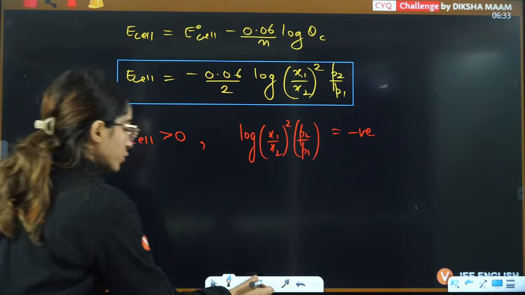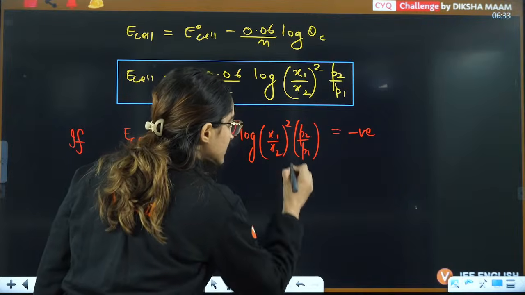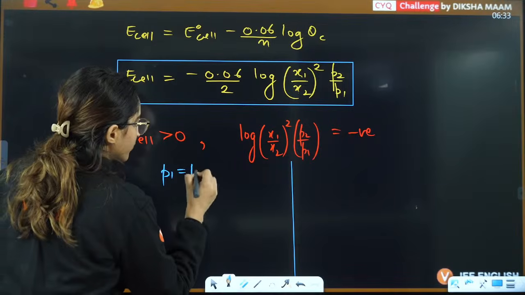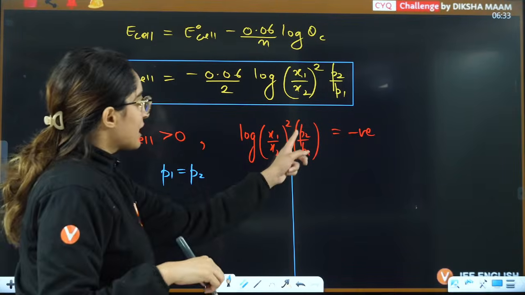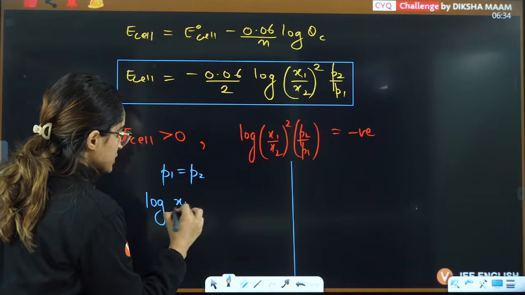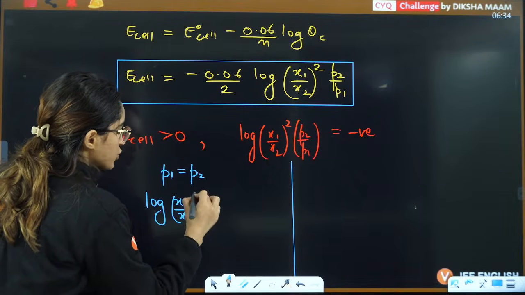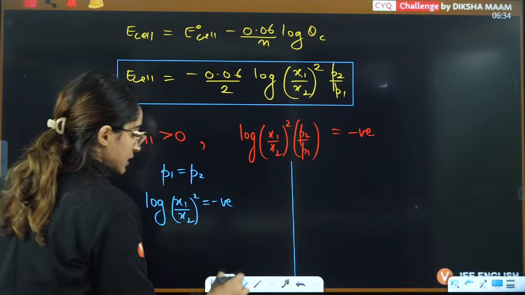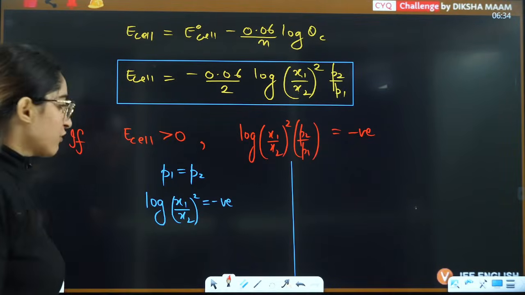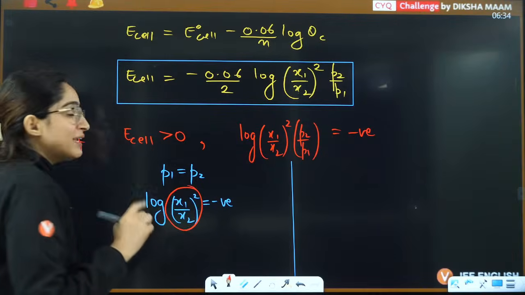So I'll take two cases here. If P1 is equal to P2, if the pressure of this is equal to this, then log of X1 by X2 whole square should be negative. If I want to make log of anything negative, that anything has to be less than 1.